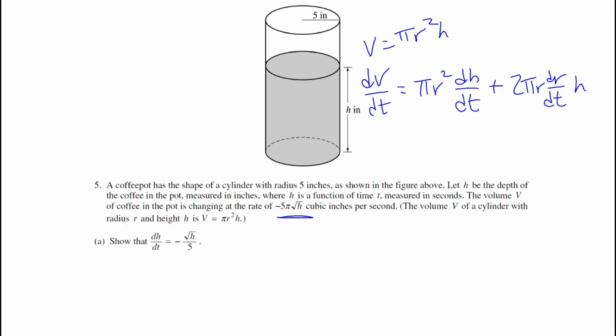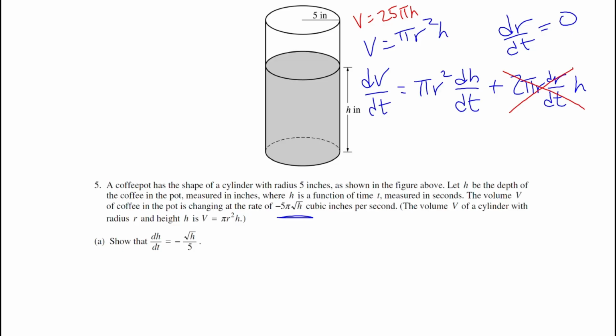And you don't really need to worry about the second part of this here, right? Because dr dt is equal to 0, which means this whole term just goes away. You could have already plugged in your r if you wanted to. So you really could have started with volume is 25 pi h if you wanted to, right?